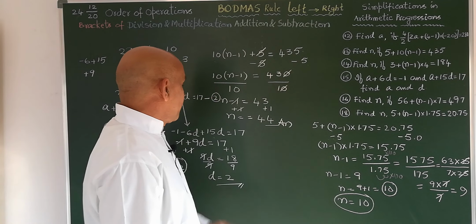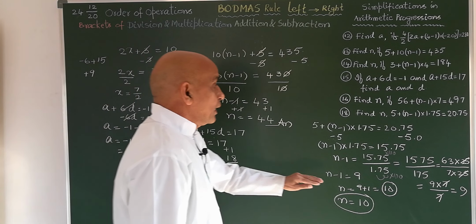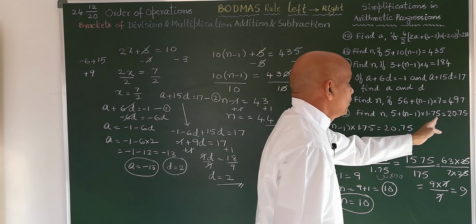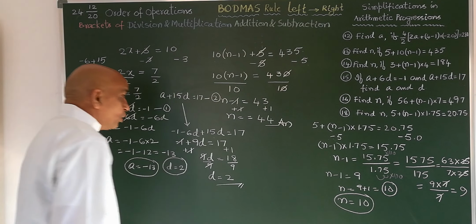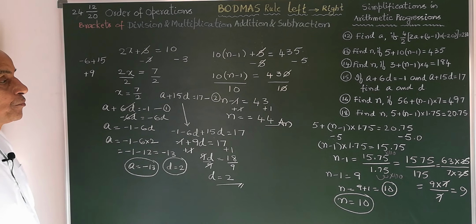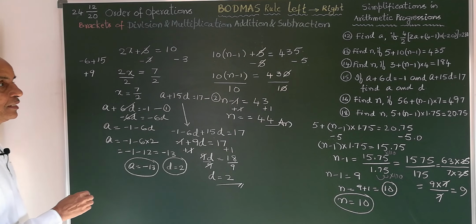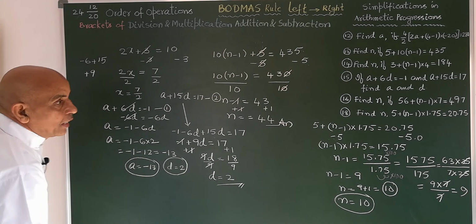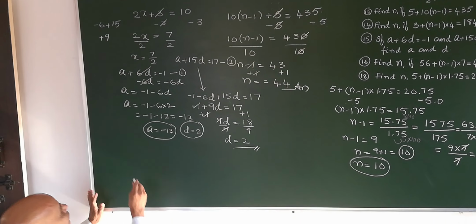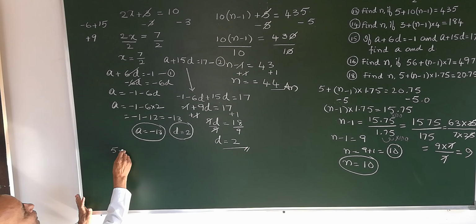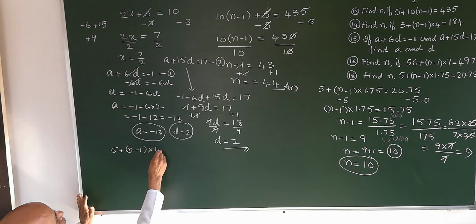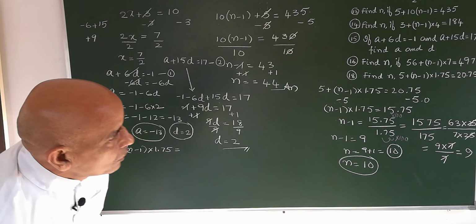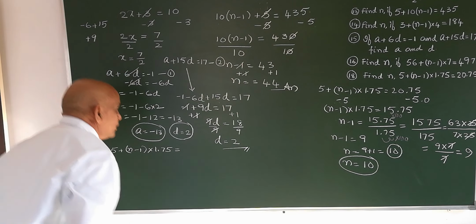This is one method you can do. Or another method to solve the same problem, if you want to avoid these decimals, the whole thing you can multiply with 100. Let us see. I can show that problem. 5 plus n minus 1 into 1.75 is equal to 20.75.